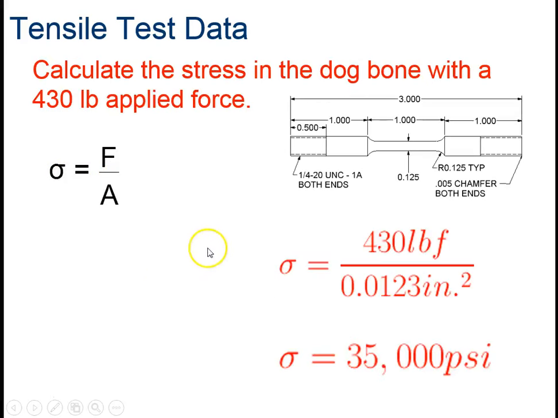So this is how it would work. If I put a 430-pound force on this shape, and I've got a cross-sectional area here with a diameter of 0.125, it's a circle, so I'd use pi r squared to find that. I divide here and I get a PSI, pounds per square inch, for my stress.